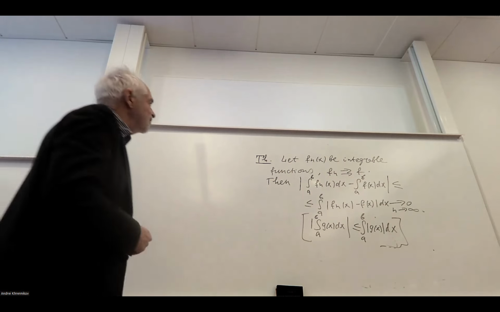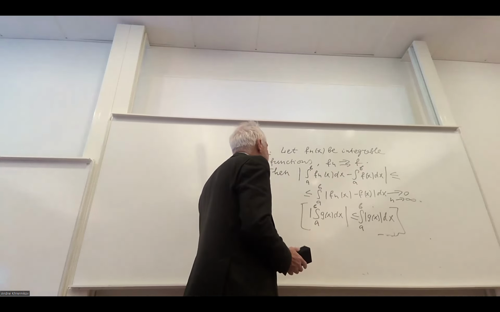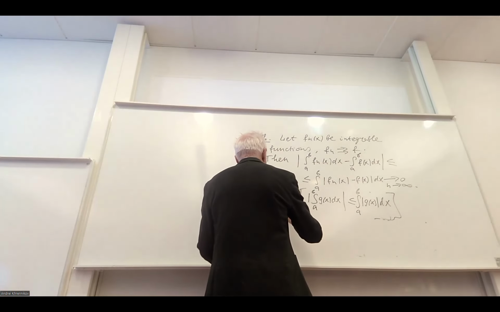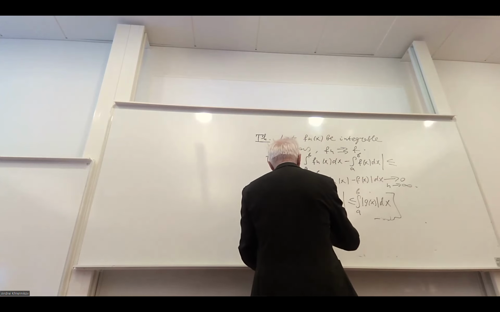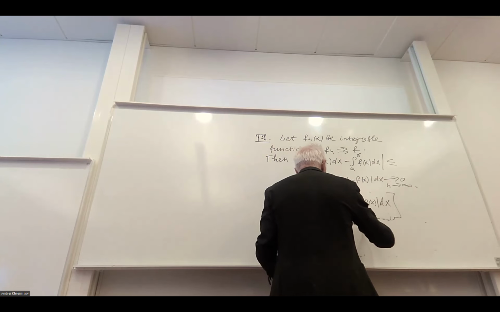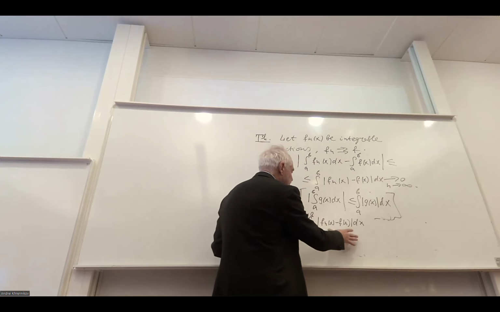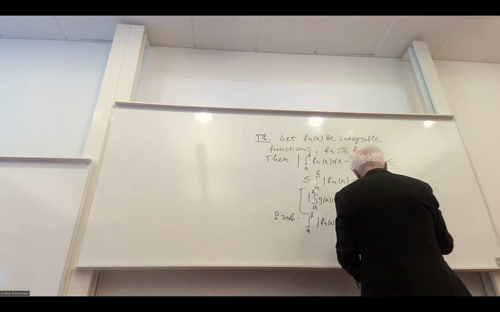Okay, now we prove this theorem, which is not difficult. Proof. So I start with the integral from a to b of |f_n(x) - f(x)| dx. Of course, this integral is less or equal if instead of this difference I take its supremum with respect to x.